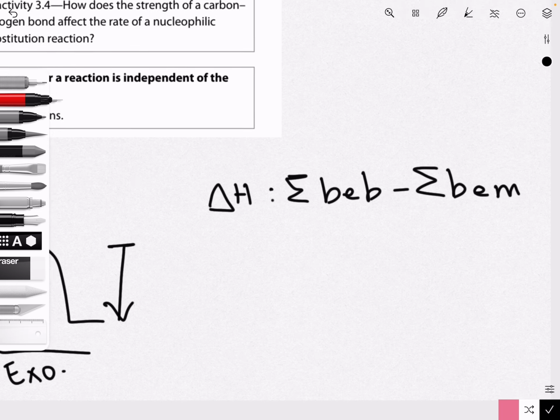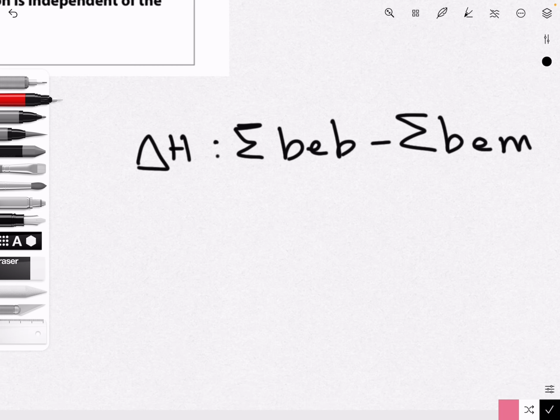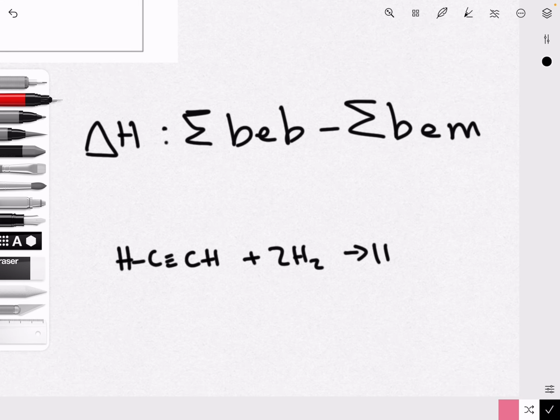So let's take some space to draw this out. So hydrogenation, we are adding two hydrogens, and this turns into ethane. This is a skill that you will need to have to use the bond enthalpy values, which will be given to you in the data booklet, and essentially plug these into this formula.